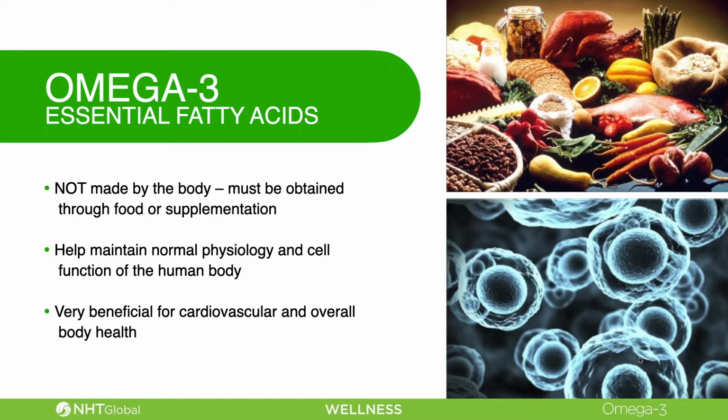Even certain types of fats are associated with improper cellular replication, right? So we want our cells to do the right thing. We want our bodies to really have the basis and foundation for resilience to step forward. And that first point on this slide: not made by the body, must be obtained through food or supplementation.